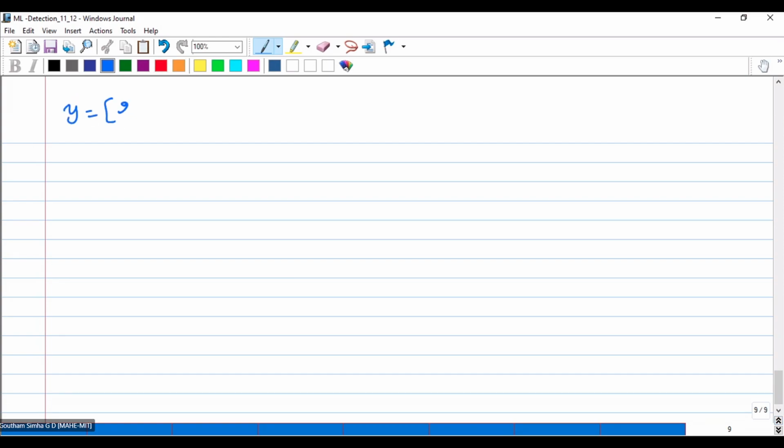A generic standard problem: 2 plus j and 1 minus 2j. This is S1 and this is S2, plus my noise component. So what is H1, if you are talking about the Alamouti scheme?